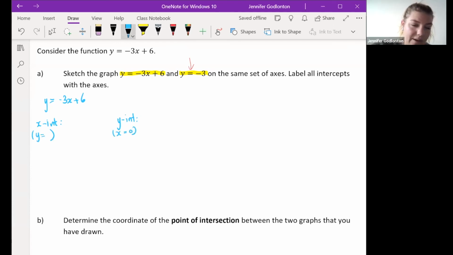Then you'll be able to draw that graph. So to find the x-intercept, you make the y in this equation equal to 0, and to find the y-intercept, you make the x in that equation equal to 0.